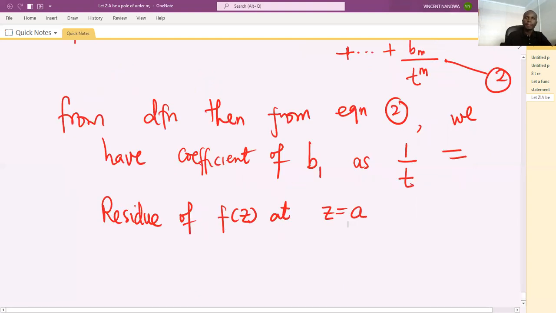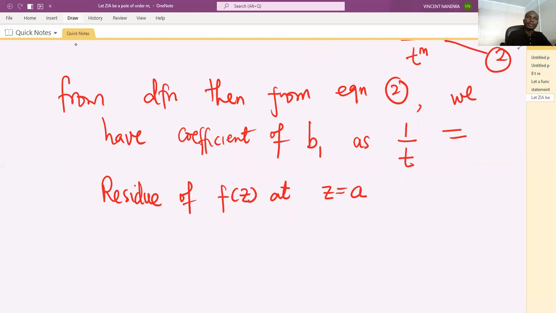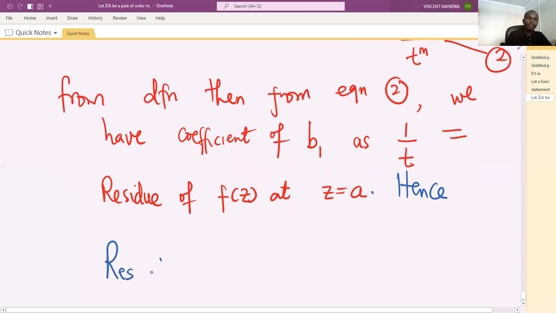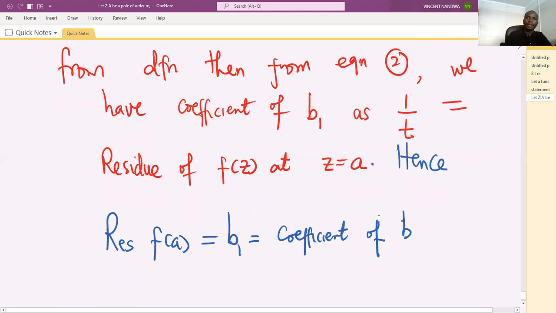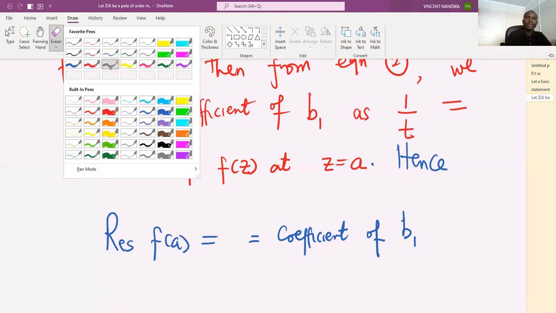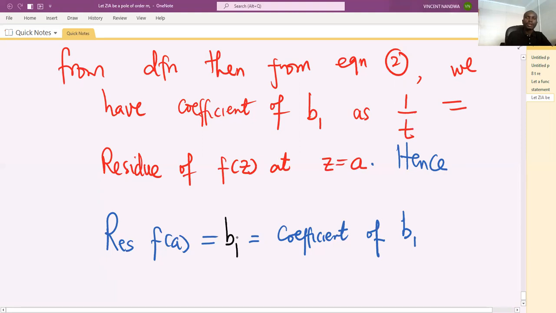So hence, the residue of the function at a is the same as b1, which is the same as the coefficient of 1 over t.